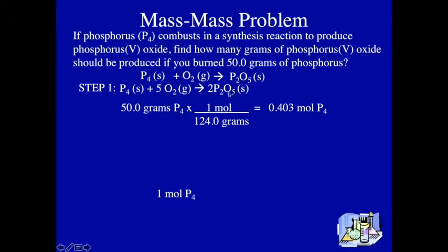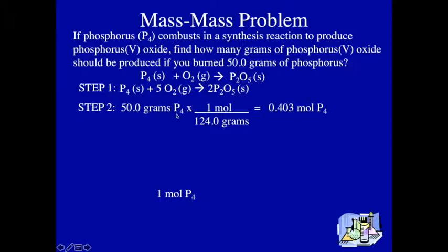The nice thing about having 10 oxygen atoms is that that's the same number as 5 oxygen molecules, which makes my life a lot easier. So now I have 10 oxygen atoms, 4 phosphorus, I'm good.